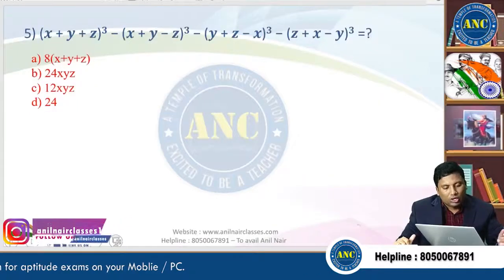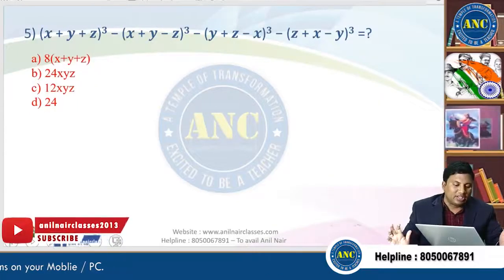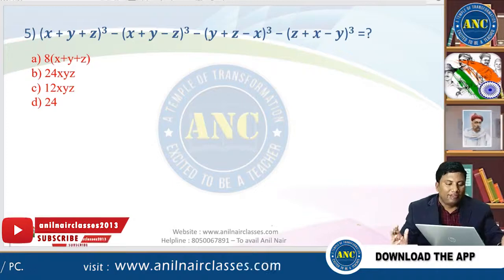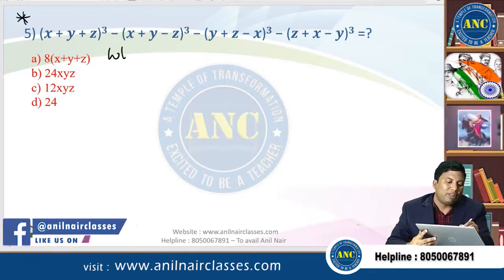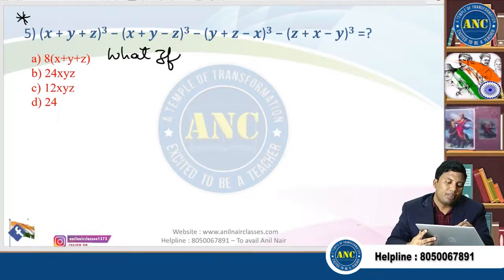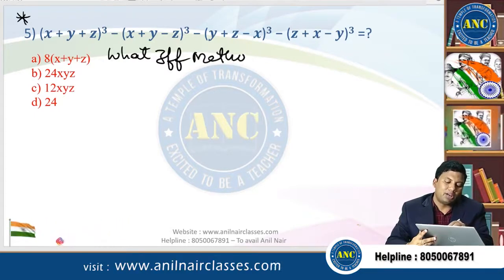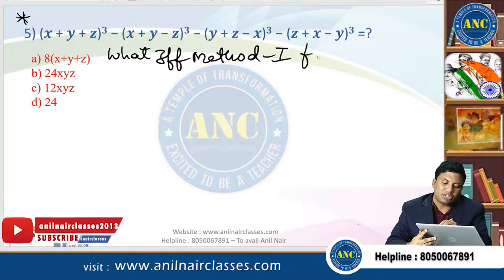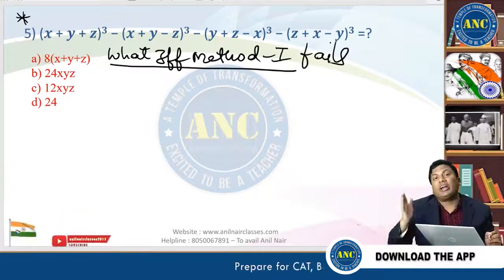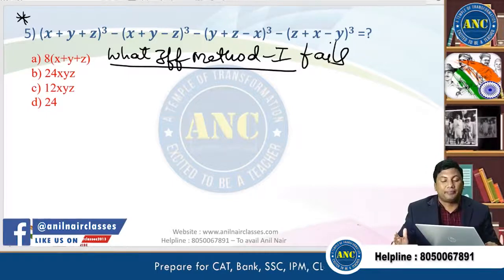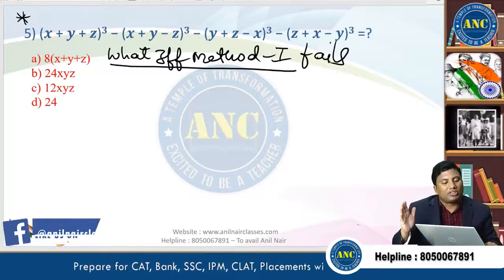Now, if you see a beautiful question, sir. What if method 1 fails? Just to make you understand that method 1 is not the best method and it will not give you a unique answer. What if method 1 fails?